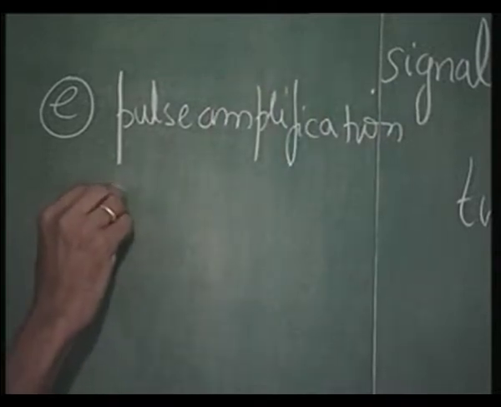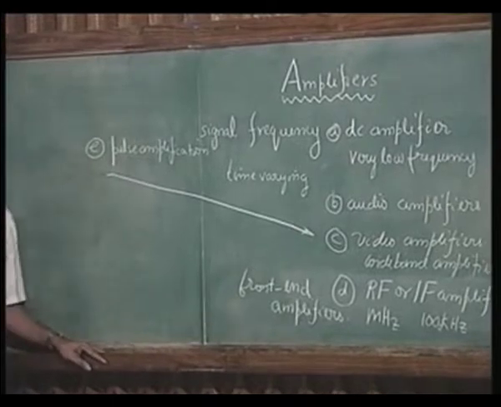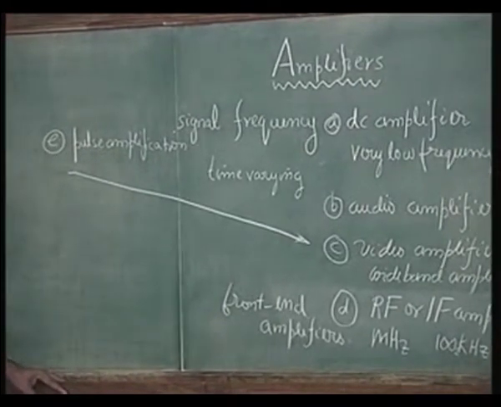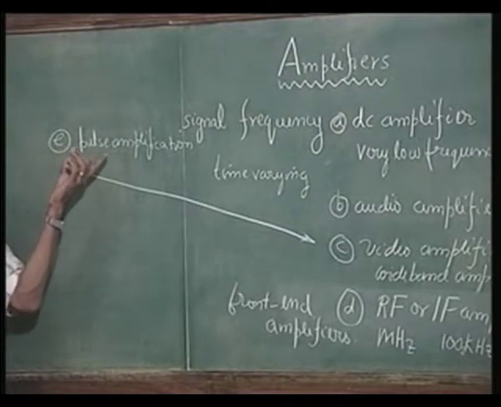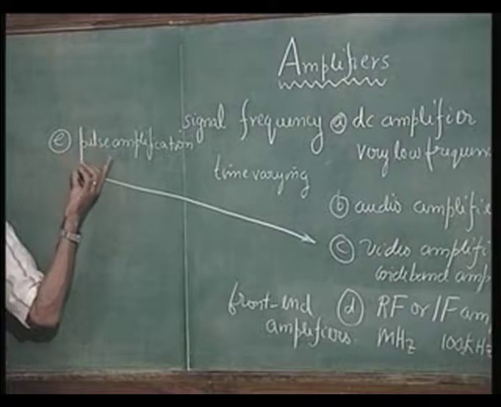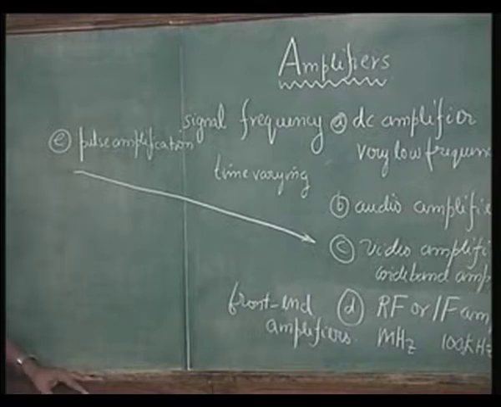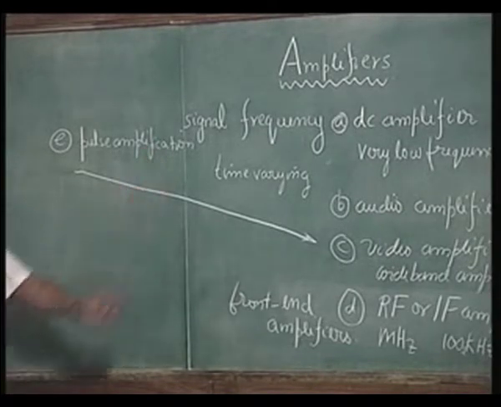These are also the other name, because these are amplifying from very low frequency DC to very high frequency. So they are able to amplify pulses of signal. Right. So these are also called pulse amplifiers. So depending upon the range of frequency, we have the various categories of this amplification.